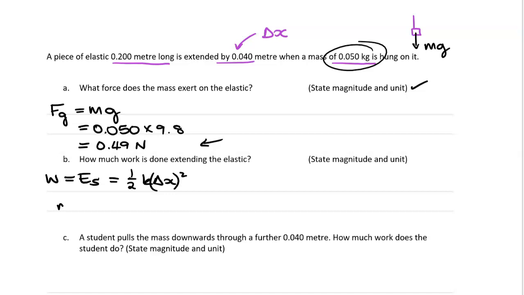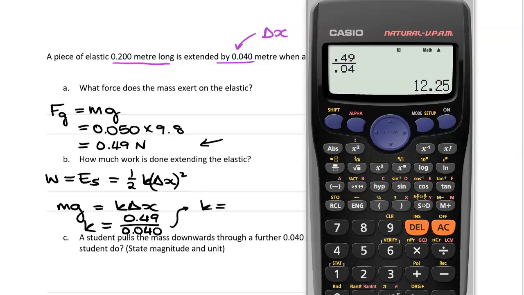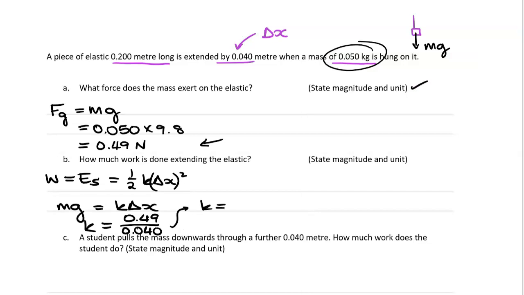So the force in that example was mg, and that's got to be equal to k delta x, because it was in equilibrium. So we're just using this to determine the value of k. So k is going to be the value of mg we previously calculated, and for that force, the particular extension was 0.040. So that gives us the value of k of 12.25. We're not going to round it because we need this value later on. And the units are newtons per metre.